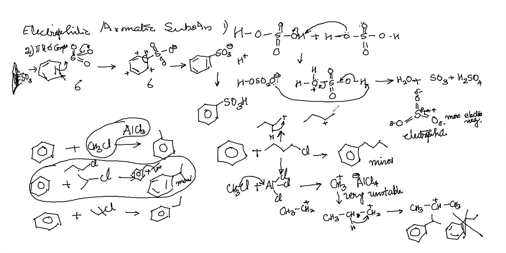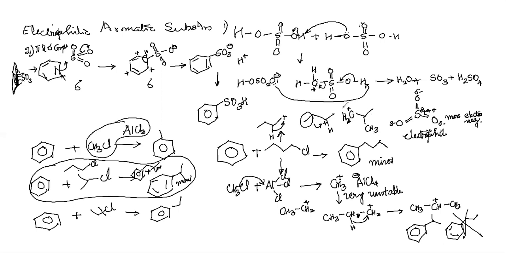For that purpose, some methyl has to come here. Let us see. Can this come here? It will form CH3 CH2 plus. There is one hydrogen here. Let's see. CH3 plus, CH2 plus, CH3 and CH3.